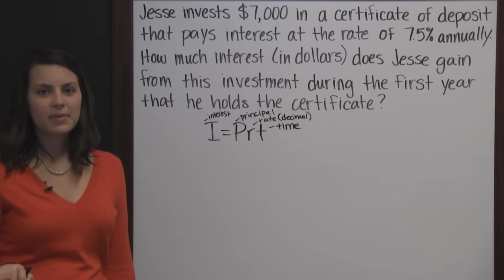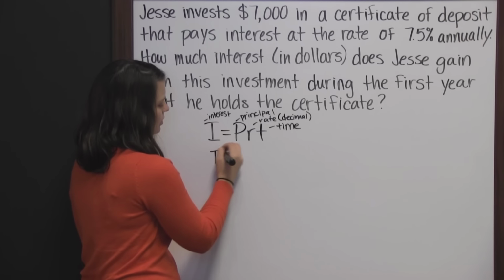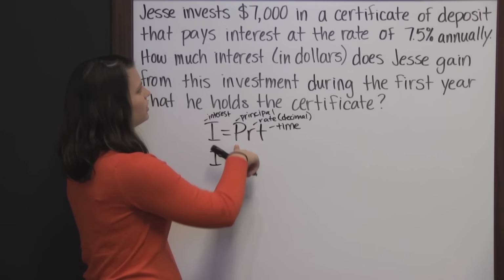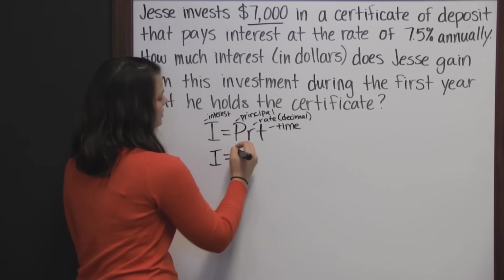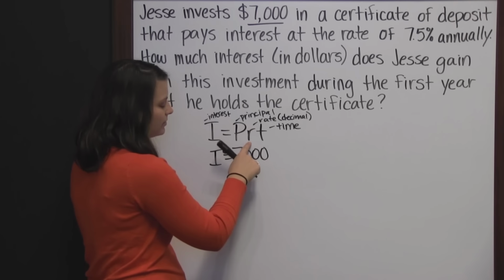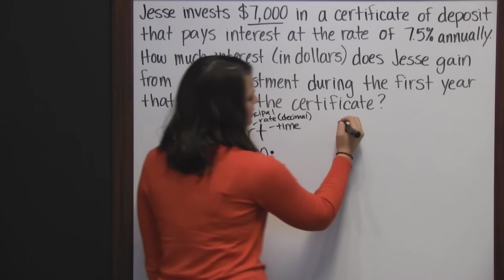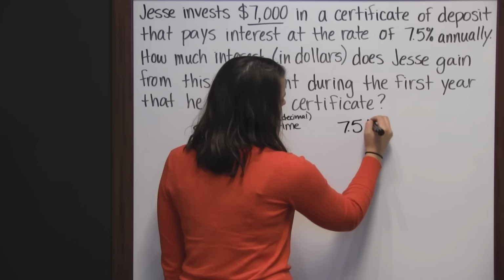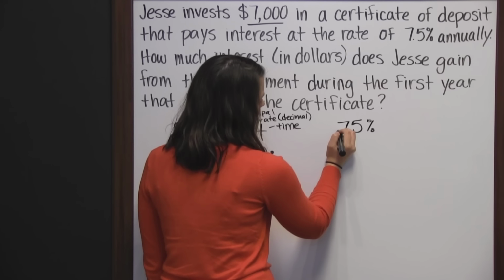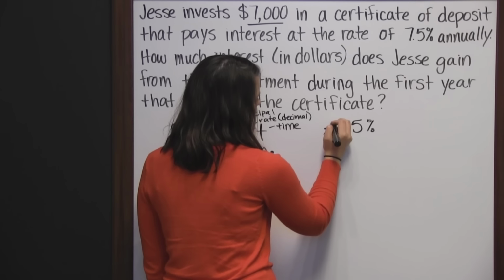So we're going to take our information from our problem and plug it in. So our amount of interest is equal to the principal, $7,000, times the rate as a decimal again. So we're taking 7.5% and changing it to a decimal, which means taking the decimal and moving it 2 places to the left.